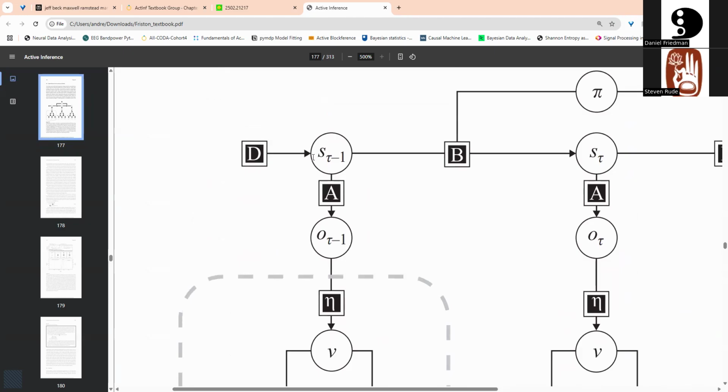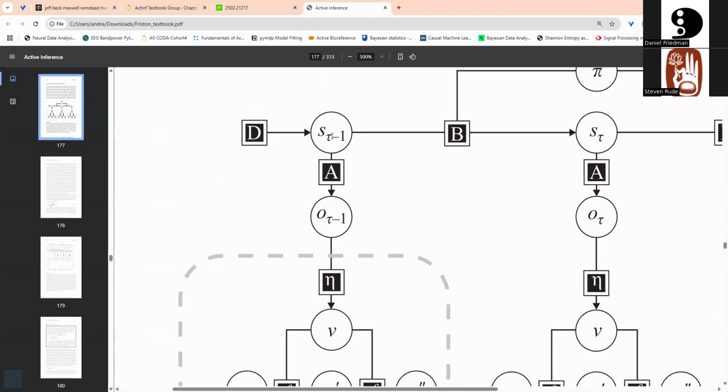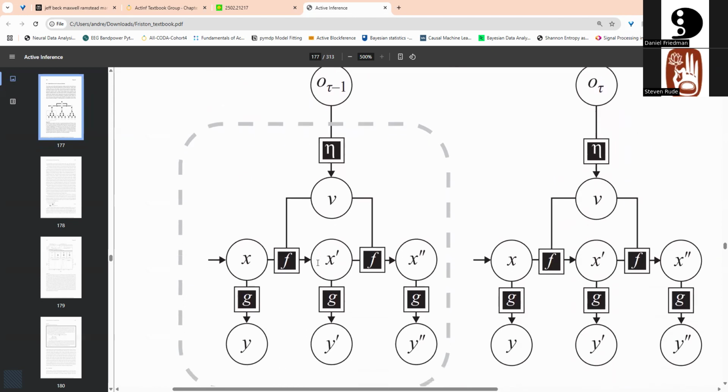At each step of this slower model up here, this is t minus one or tau minus one, at one time step at the higher level we actually have three time steps at the lower. So at different levels, you can have different time scales of the inference process.